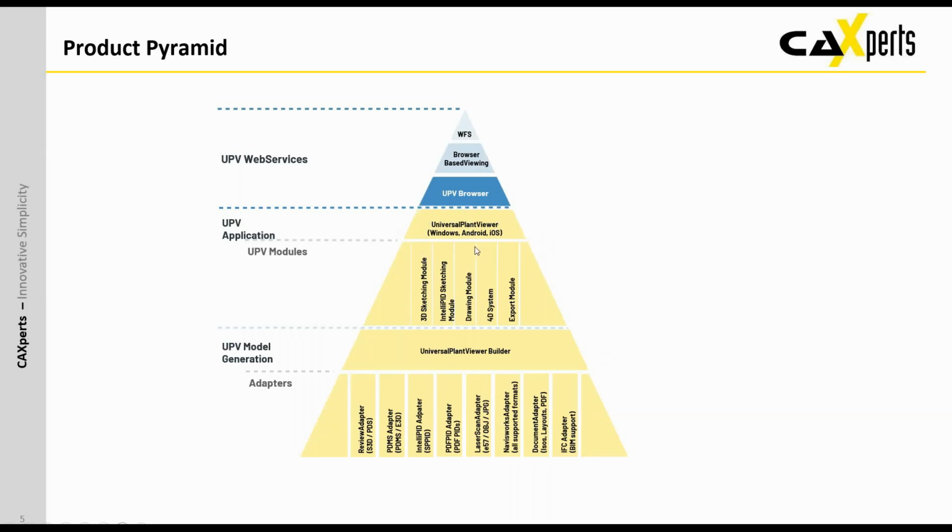On top of that, the model generated by the builder can also be used up here in the UPV Web Services, and it's also 3 modules that build upon each other. So the basic module that we're going to talk about today is the UPV browser, followed by the next step, browser-based viewing, which requires the UPV browser, and the workflow system on top that requires both of them underneath.